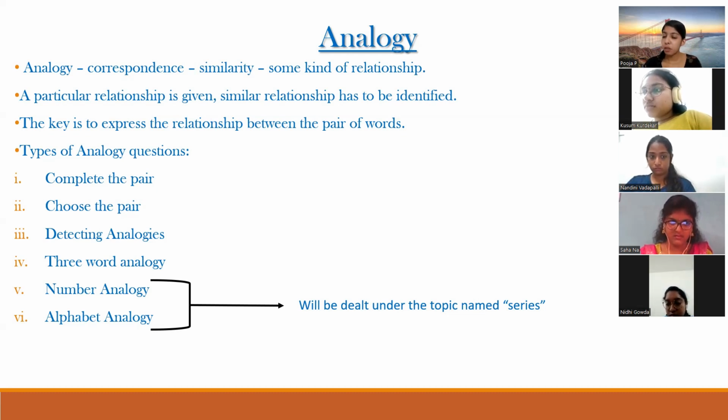There are a couple of tests and things to be performed, so to understand all of these, you'll have to start from the beginning of series. Today we'll just be covering the other parts of analogy. While we are doing series, we will definitely cover these as well, as they are a sub-part of series.